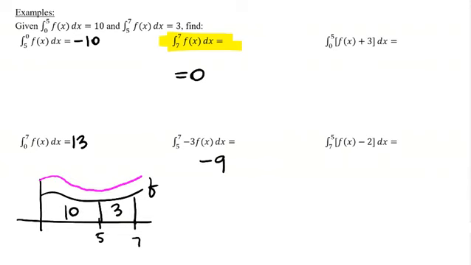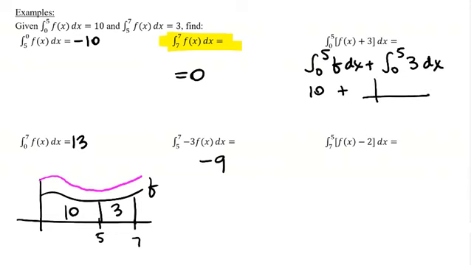So it's going to be the integral from 0 to 5 of f plus the integral from 0 to 5 of 3. Now the integral from 0 to 5 of f is 10, and the 3 over a width of 5 is going to be 15. So 10 plus 15 is 25.